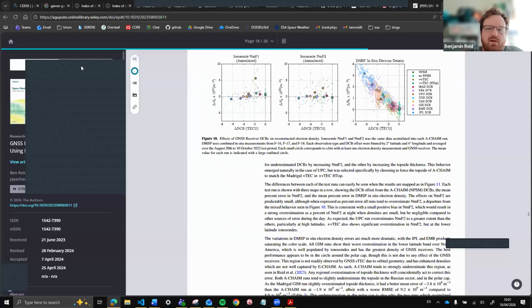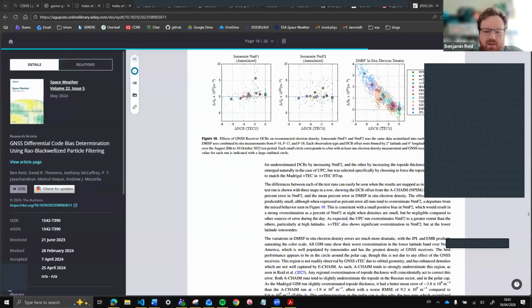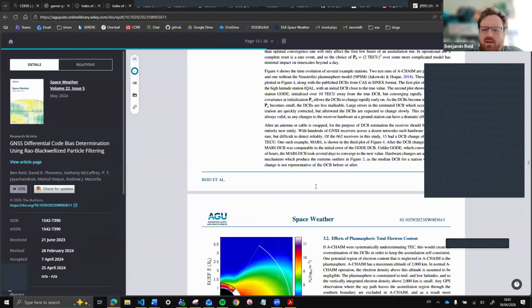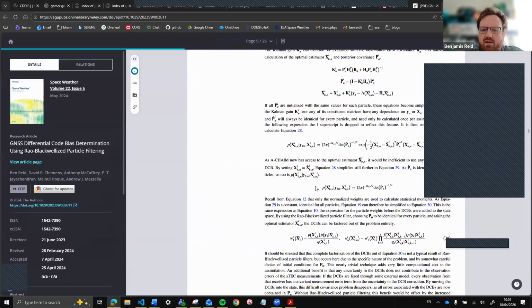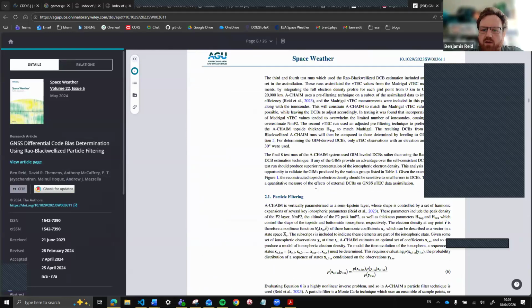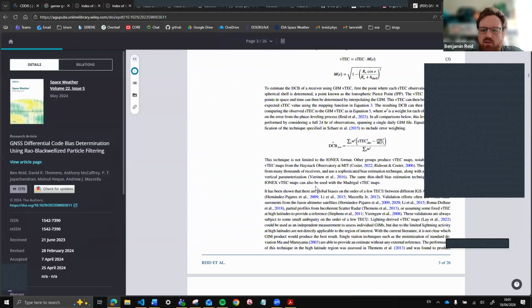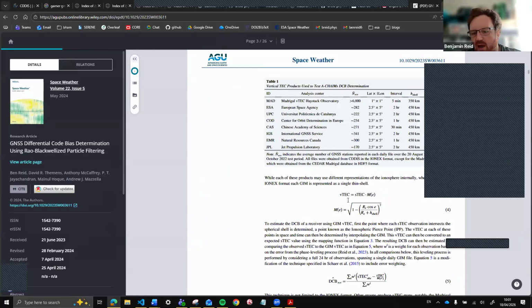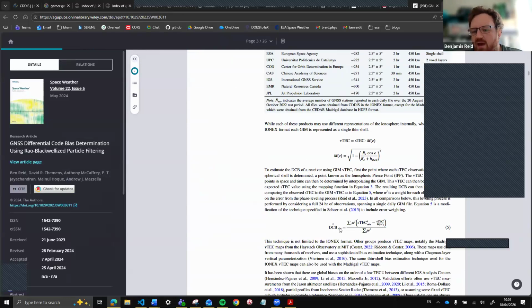It's a bit of a wild paper, but it is there. The important thing is it talks about here in the introduction how you map from slant TEC to VTEC and how you would find a DCB.